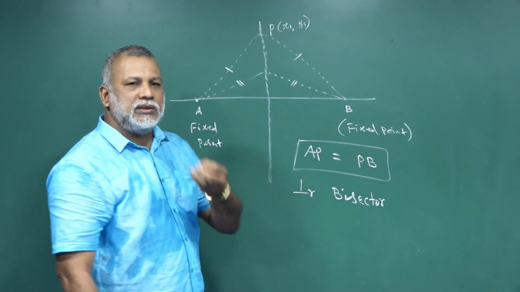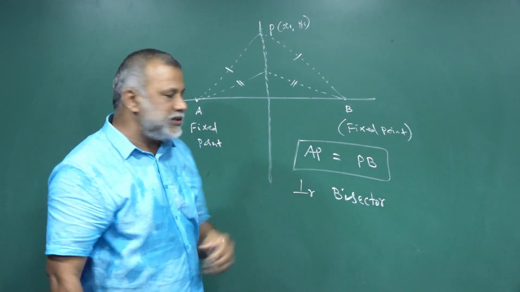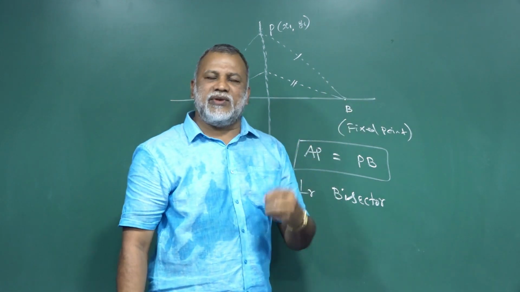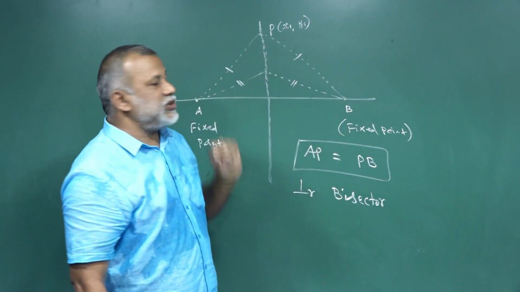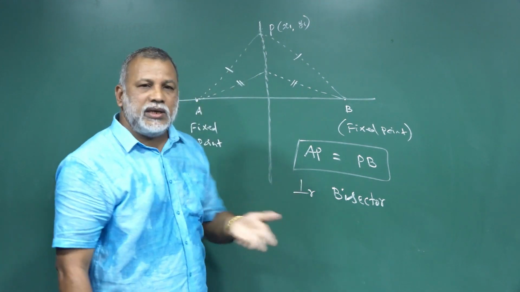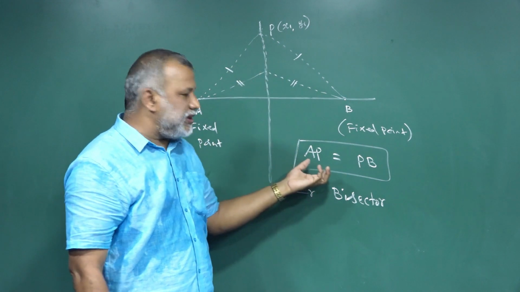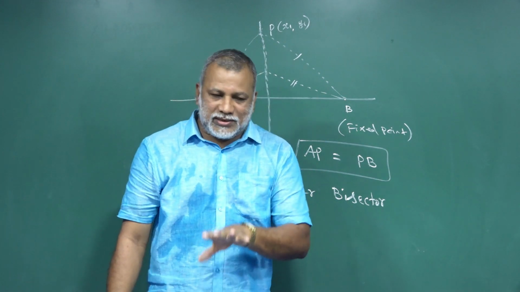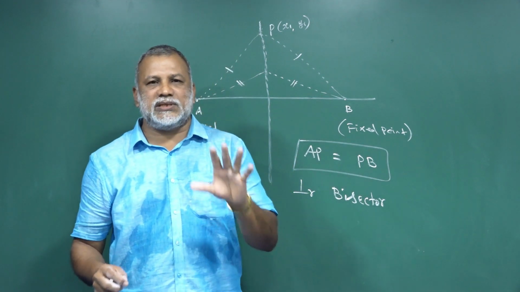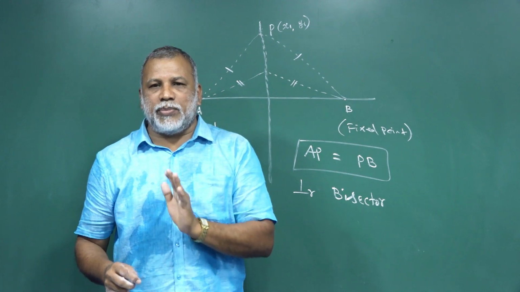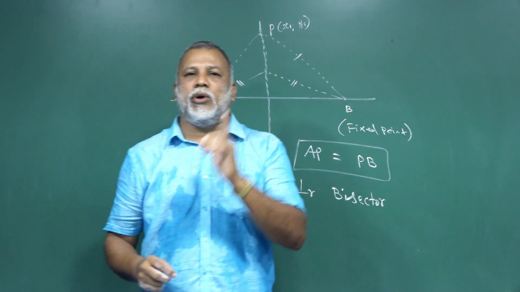The two fixed points will always have some quantities, for example 3, 5 and 7, 2. Like this we can have any quantities. P(x1, y1) should be a moving point. Therefore we get the equation. After substituting this condition, we are able to get some equation. So dear students, this is the common introduction. The locus means the path traced by a moving point.